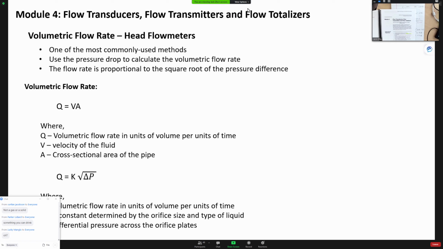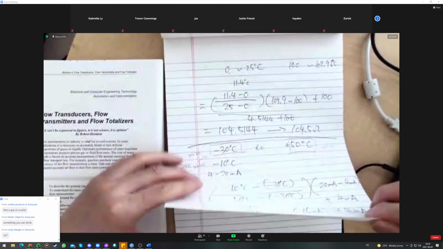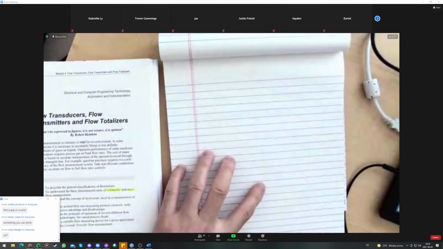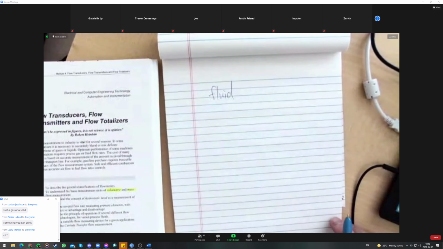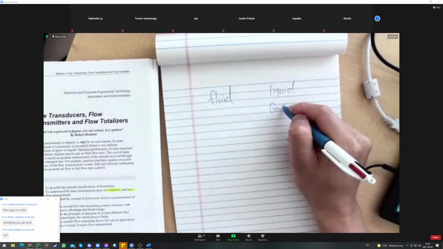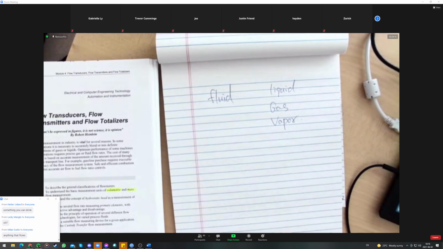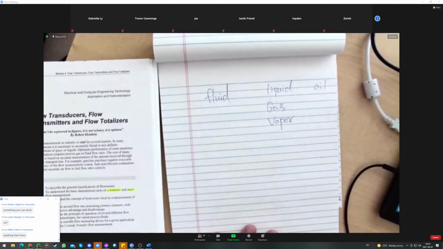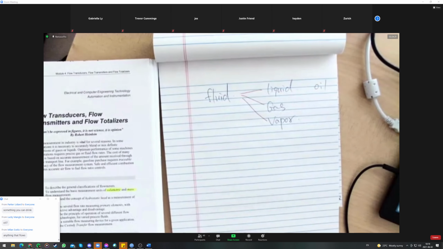So what would be considered a fluid? Liquid, gas, vapor. Anything that can easily move or flow. Oil is a liquid, right? So everything here will be considered fluid.